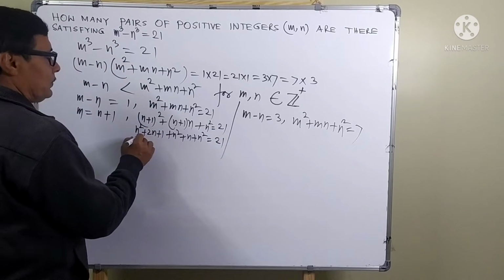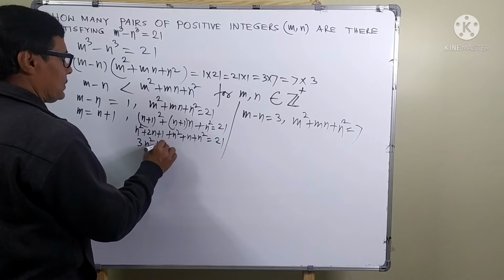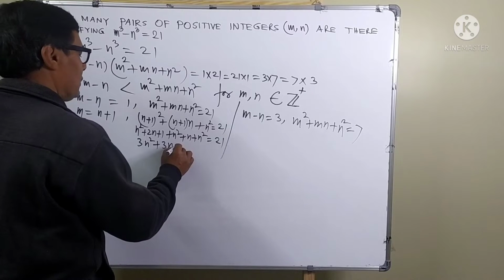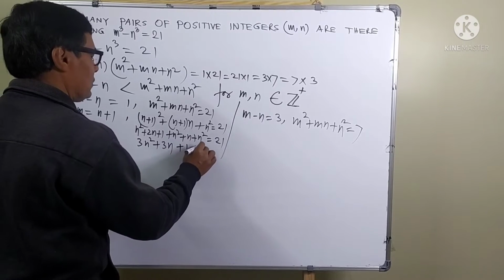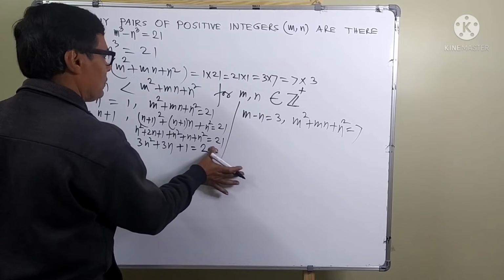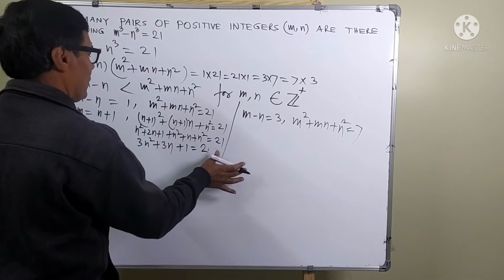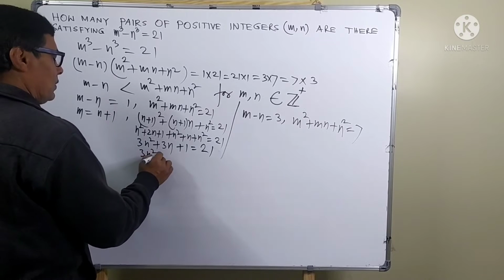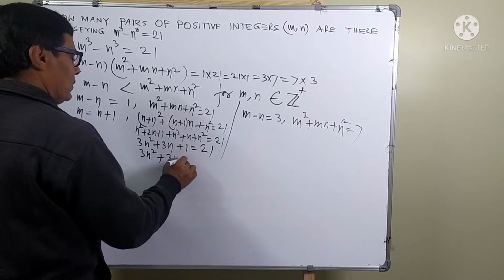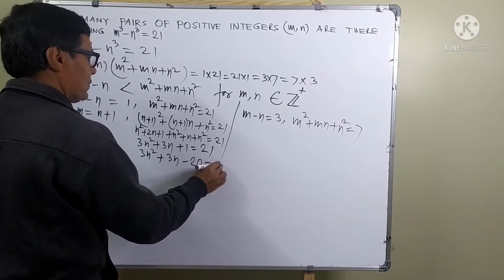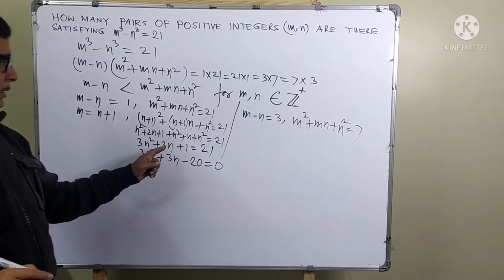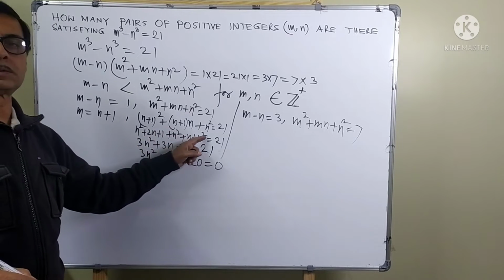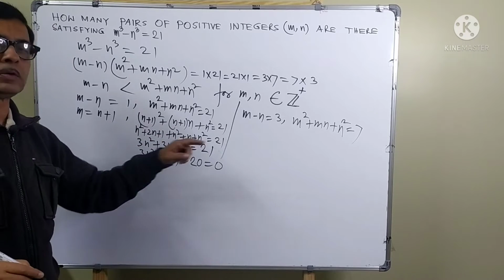So, we get 3n square plus 3n plus 1 is equal to 21.